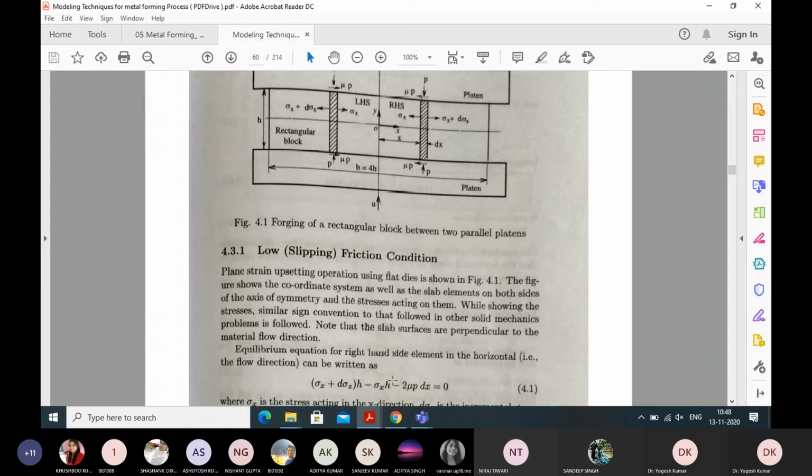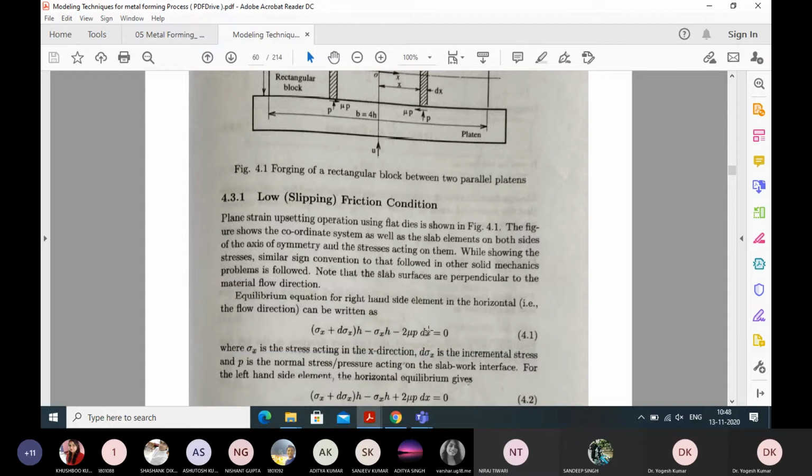So it is minus 2 mu P dx into w. Since w was common, w has been eliminated. The simplified equation has been written as sigma x plus d sigma x into h, minus sigma x into h, minus 2 mu P dx, equal to 0.